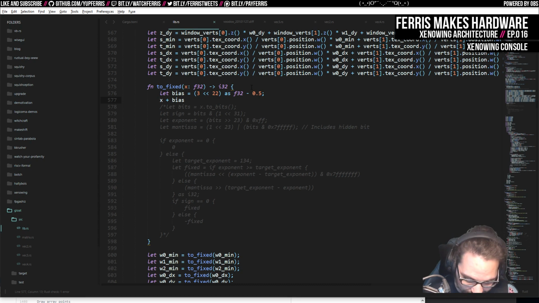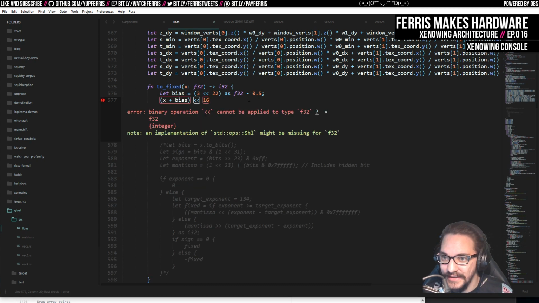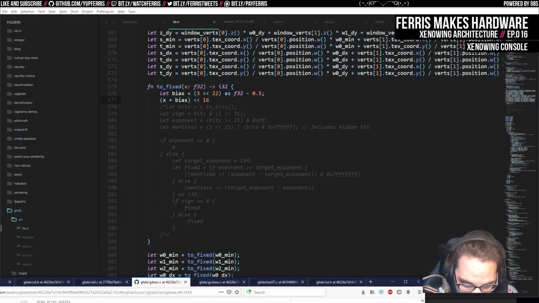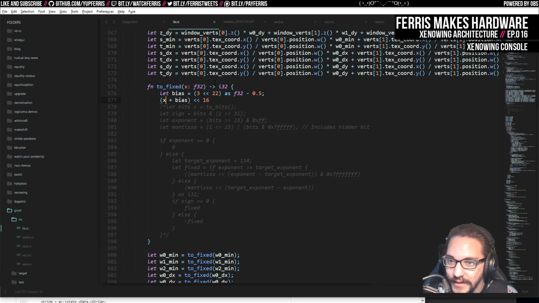And then shift left 16 would be the fractional thing, right? Isn't that what they're doing? And then they add half in this case, but that's fine. So if we do, yeah, actually we want x plus bias dot 2 bits. No, actually, is it 2 bits? Yeah.